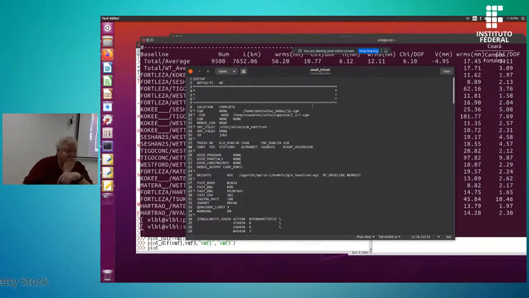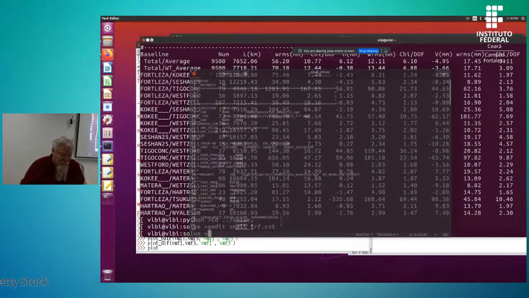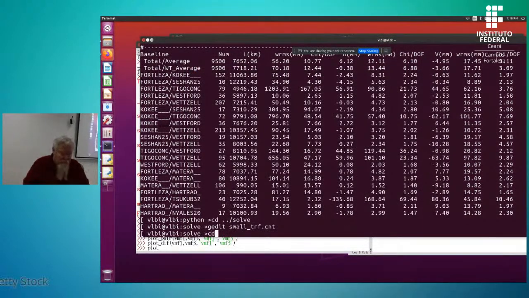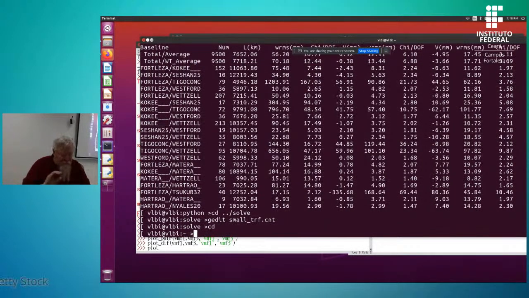Another way is to just type cd. That will put you in your home directory. Then you say cd examples solve.